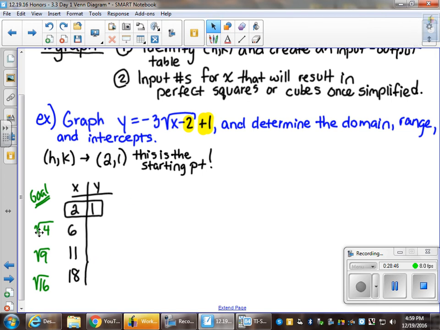I don't know how these got so spaced out. Let me see if I can move them up a little bit. So what's in green is all in your head. If you want to make a little note, that's fine, but put a little squiggle or put this in a brain bubble, because the actual table is what's written in black. But where 6, 11, and 18 came from is because in my head, I asked myself, I want to be able to take the square root of a perfect square.